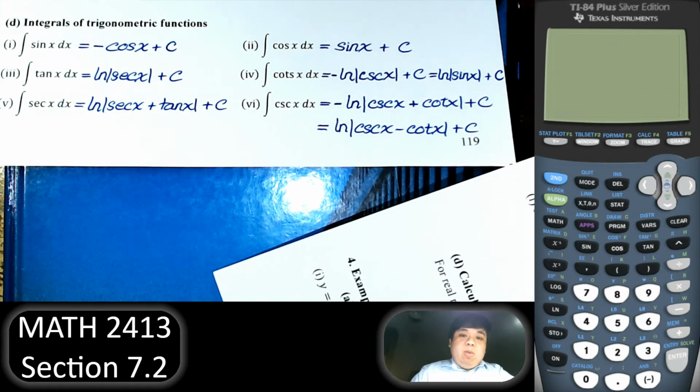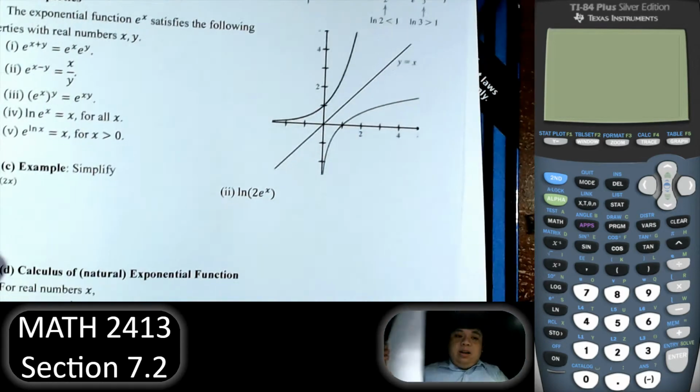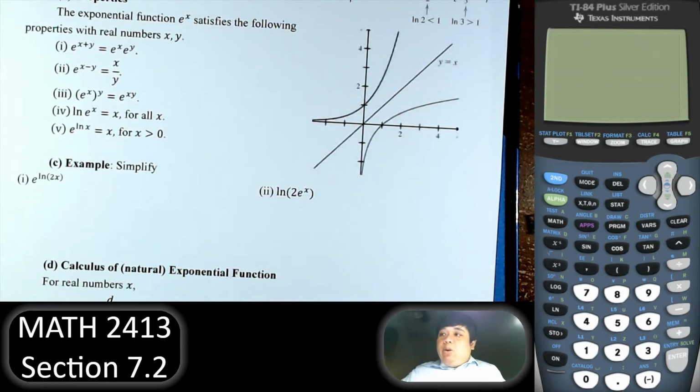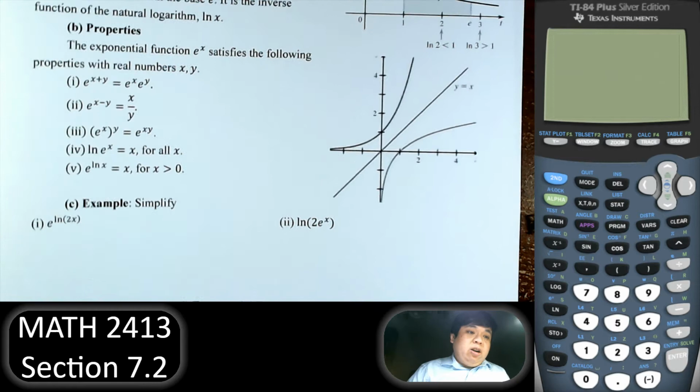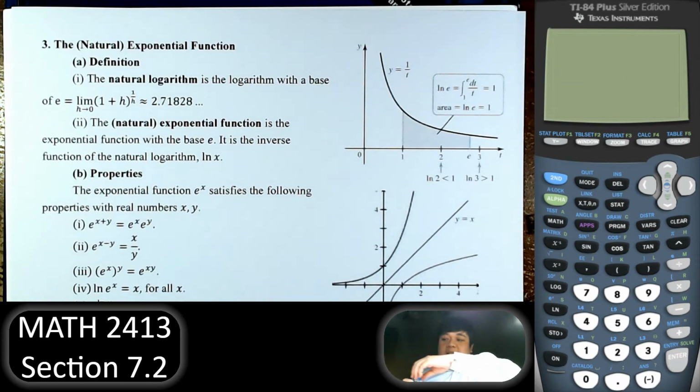Right, so we have the first part of the section where we have the log, derivative and integral, the derivative of the natural log and exponential, and the integral of the reciprocal function. Now we go to the second part of it, the natural exponential function.